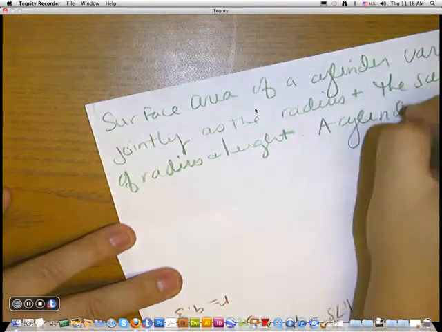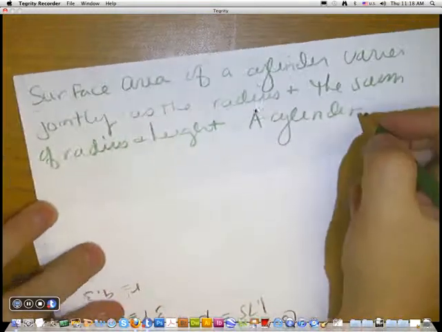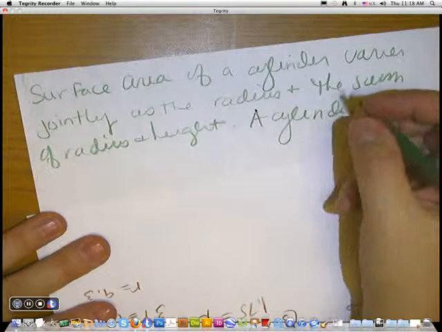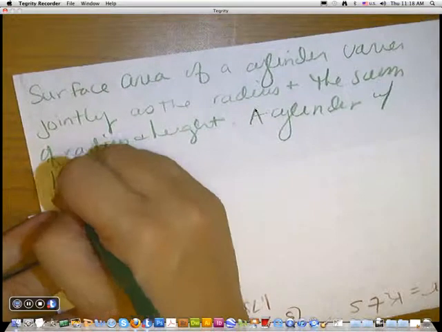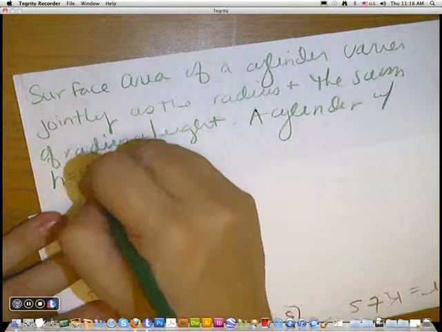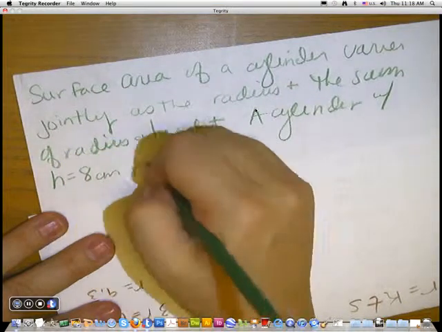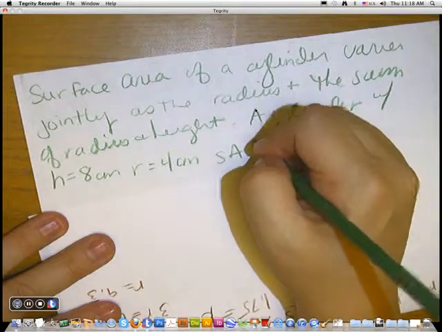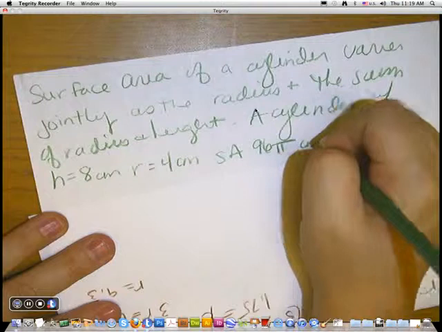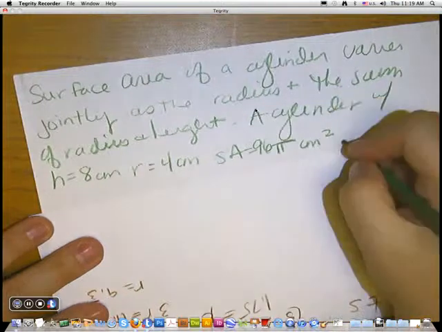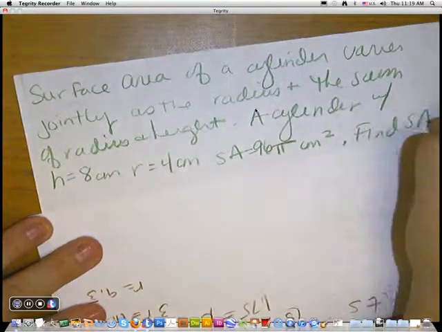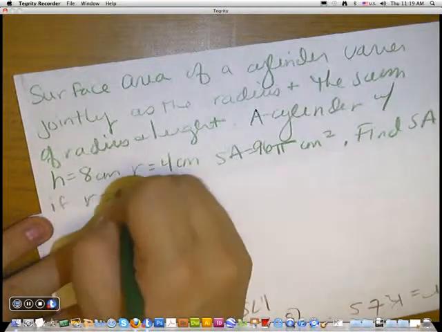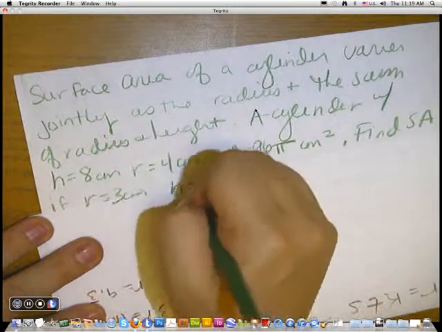A cylinder with height of 8 centimeters, radius of 4 centimeters, surface area of 96 pi centimeters squared. Find the surface area if the radius is 3 centimeters and the height is 10.